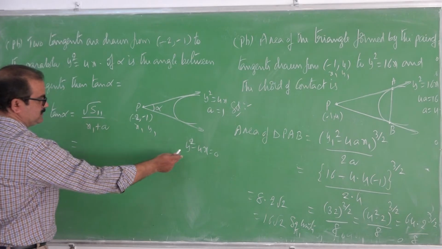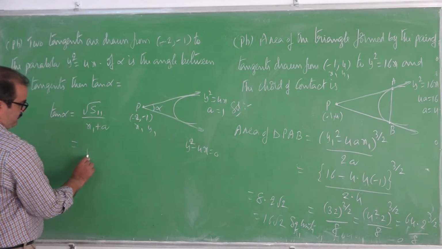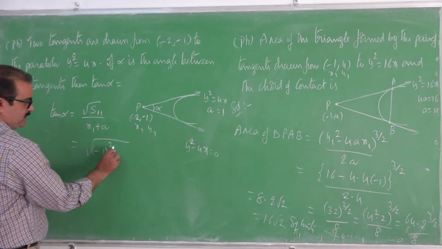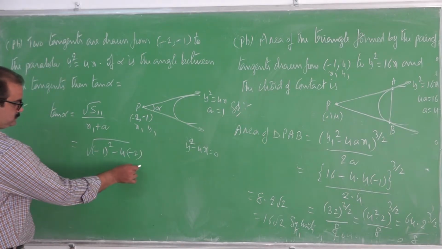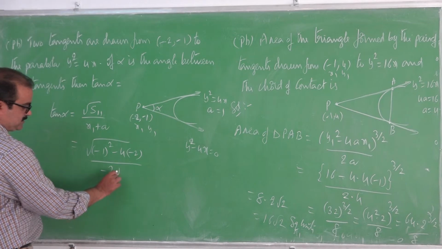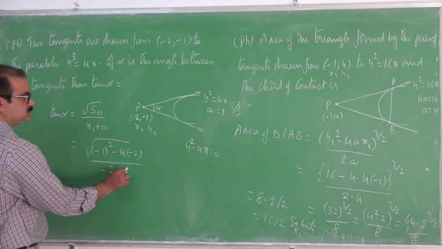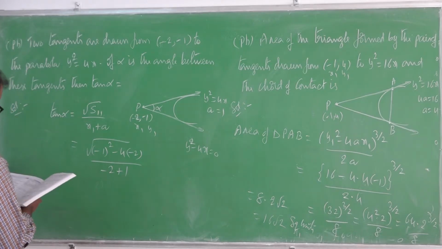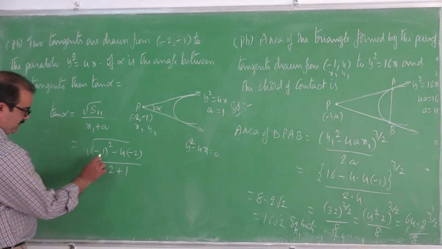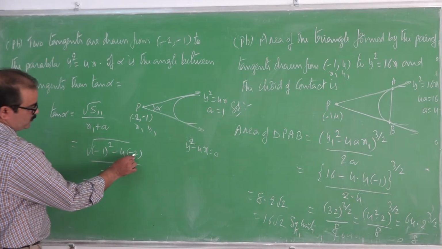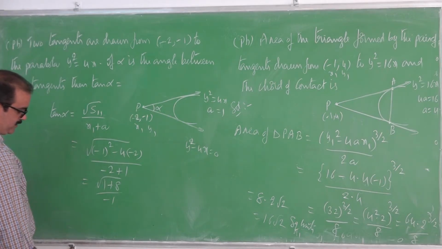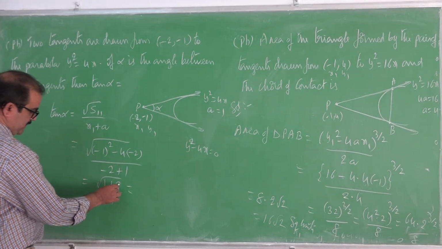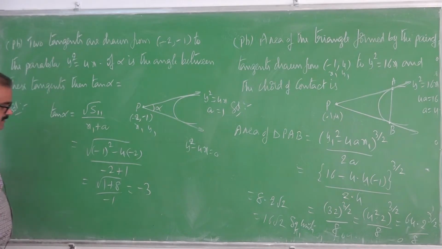Substitute this point in this equation. y square, (-1) whole square, minus 4 into x1, which is -2, by x1 plus a, -2 plus a, a is 1. (-1) square is 1, 4 into 2 is 8, 1 plus 8 is 9, root 9 is 3, 3 by -1, that is -3. Okay.